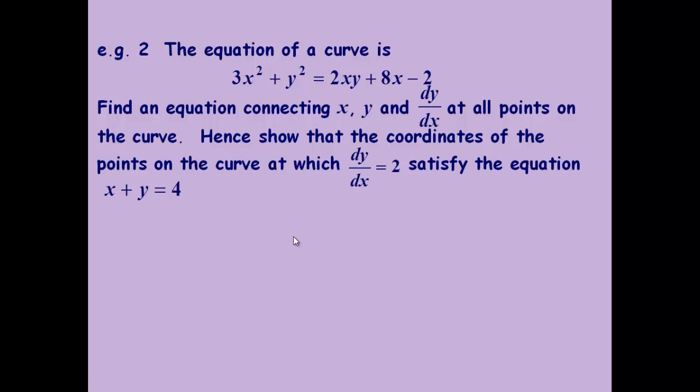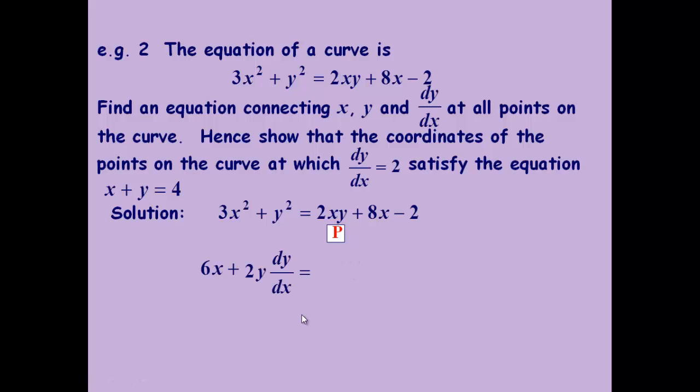So we're trying to find the equation connecting x, y and dy dx and show that the coordinates of the point on the curve where dy dx equals 2 satisfy that equation. So first thing to do, annotate the product and differentiate.